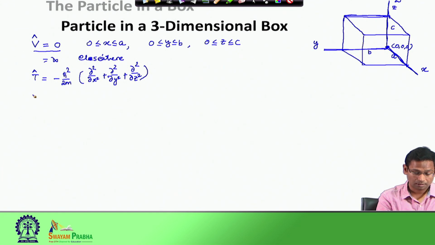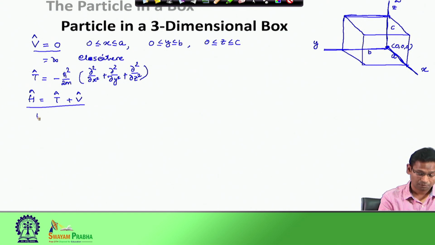Now, the Hamiltonian is of course the sum of the kinetic energy and potential energy operators, and when we solve this problem we would write down the final Schrodinger equation H psi equals E psi.